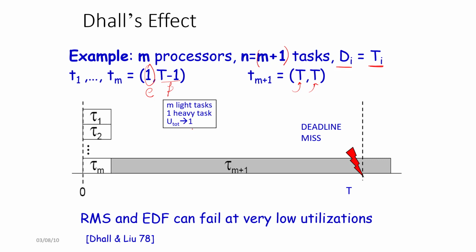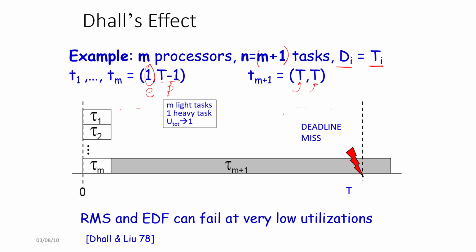For this, both RMS and EDF fail, even though the combined utilization for high values of t is actually very low. Because the combined utilization is pretty much the area of all of these tasks divided by the area of this rectangle, which can be made arbitrarily low.